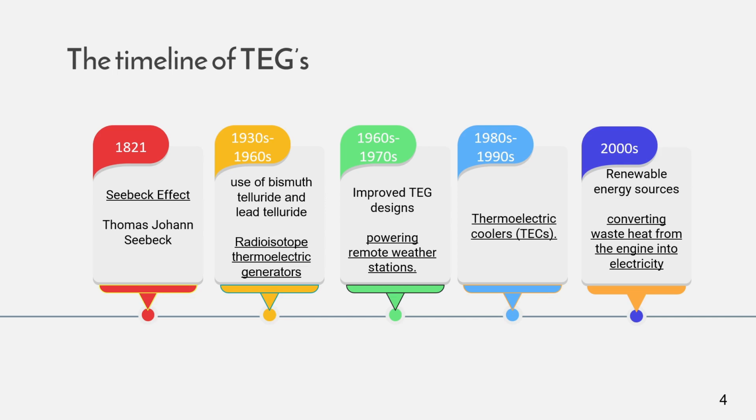These are devices which work on the direct opposite principle of thermoelectric generators, what we call the Peltier effect. By the 2000s, the hunt for renewable energy resources began, and TEGs found application in converting the waste heat from the engine directly into electricity. In the case of an IC engine, it has an average efficiency of about 20 to 25%, and more than 50% of the heat is liberated through the exhaust or wasted through the exhaust. TEGs find application in converting this wasted heat into electricity, so the overall efficiency of the engine can be improved.